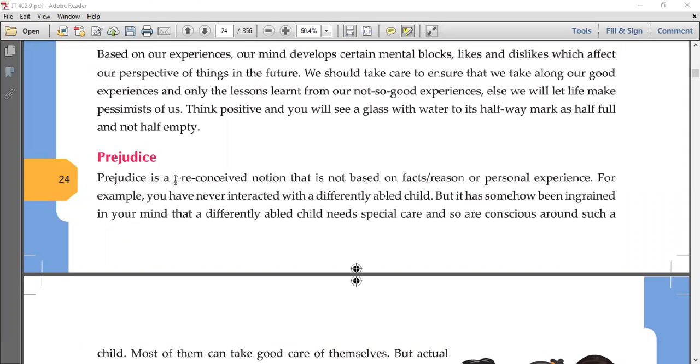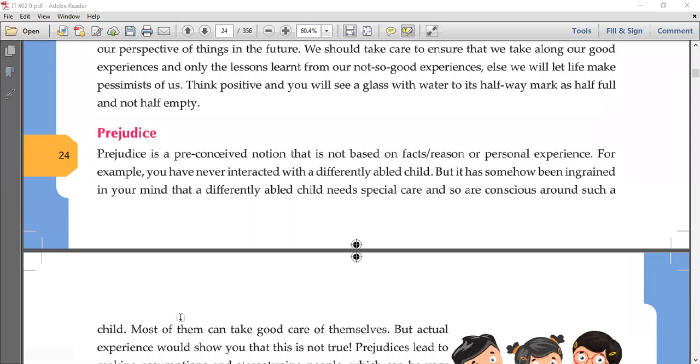Prejudice is a preconceived notion that is not based on fact or reasons or personal experience. Notions means things that you form in your mind without experiencing them, just by imagining. For example, you have never interacted with a differently abled child, but it has somehow been ingrained in your mind that a differently abled child needs special care. So you are curious around such a child.